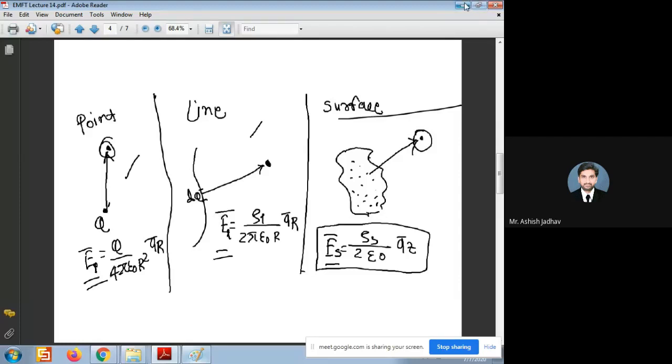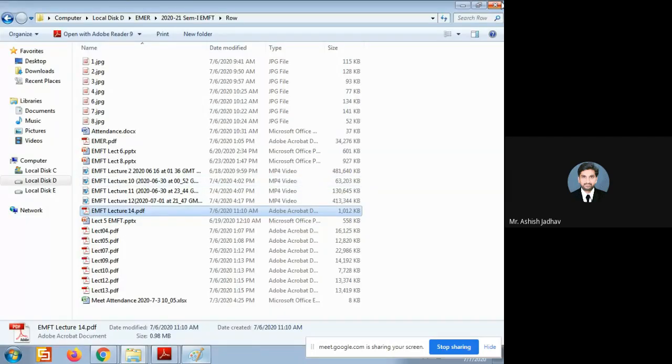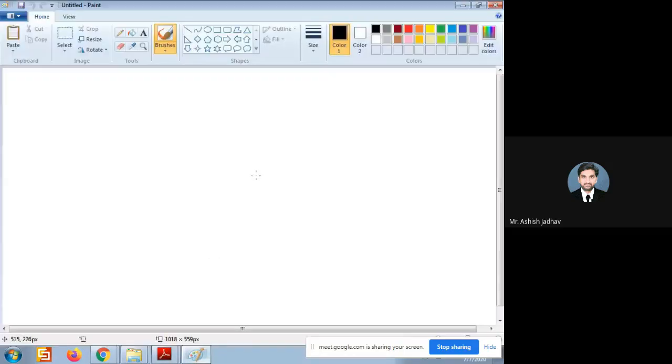So just to explain that, what I would create here is you want the electric field intensity at this point. Let us assume you want the electric field intensity at point P, and you have a charge Q. This is another point charge. So you have to calculate the electric field intensity at point P. Then you have a line charge, right?